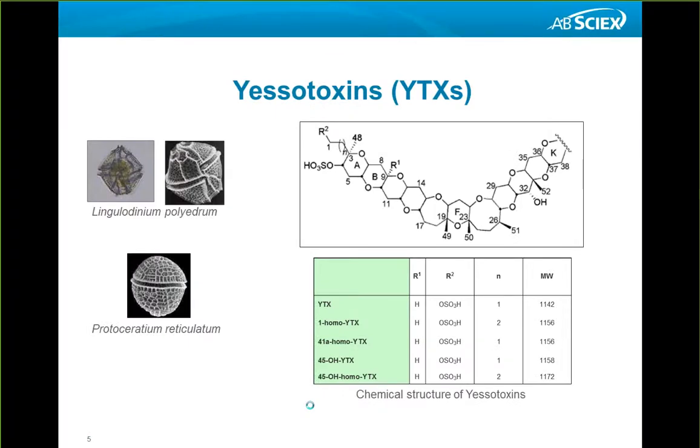On this side, we see the yessotoxins. Yessotoxins are also part of certain regulations, so we have to analyze them on a quantitative scale, the yessotoxin itself, but also structurally related yessotoxins. And once again, we all would like to fit them in one multi-method.